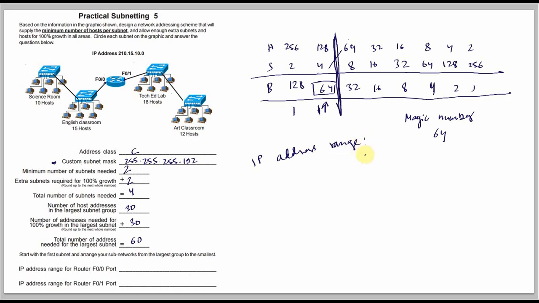Alright, so since we have a given class C IP address 10.15.10.0, that would be our starting point.